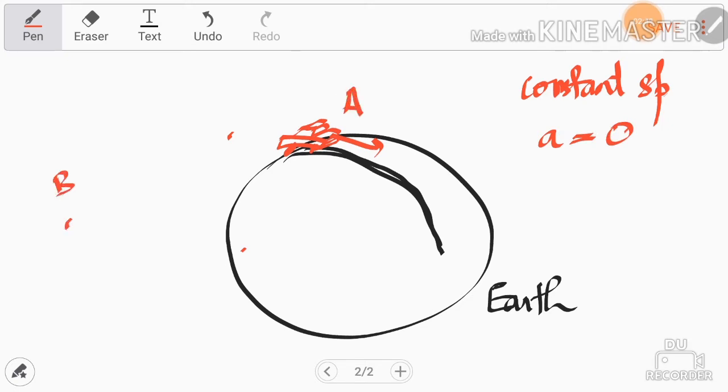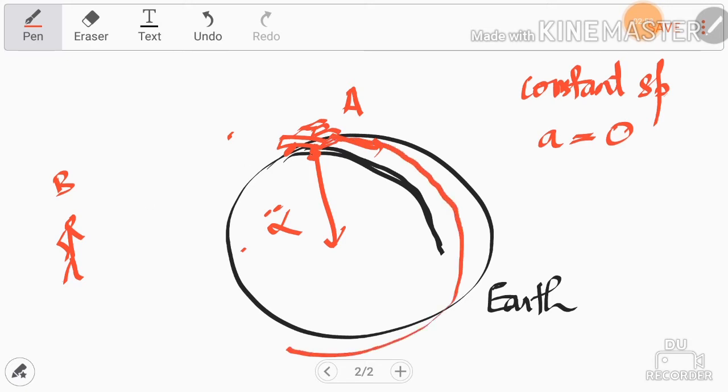But for Mr. B, looking at him from outer space, his acceleration is directed towards the center of the Earth. We know that this is called the centripetal acceleration, because for Mr. B, Mr. A is moving in a circular path. But for Mr. A, he is simply moving in a straight line path with a constant speed.